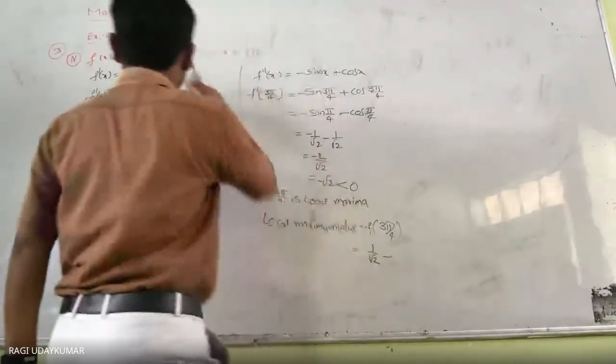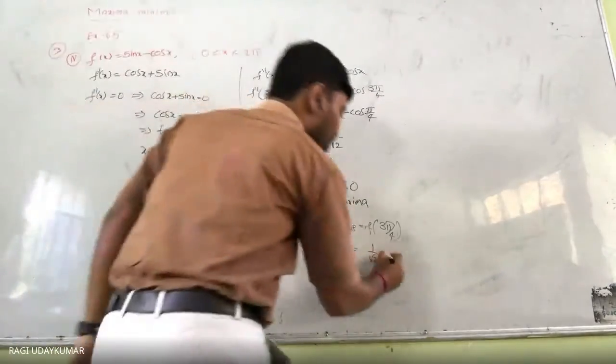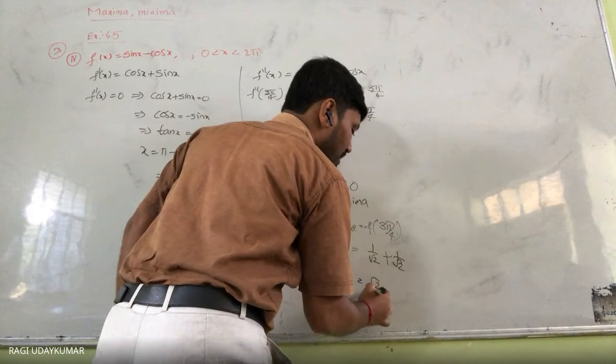So minus cos 3 pi by 4 value, minus 1 by root 2, so minus plus becomes plus. Which is equal to root 2. This is a local maximum.